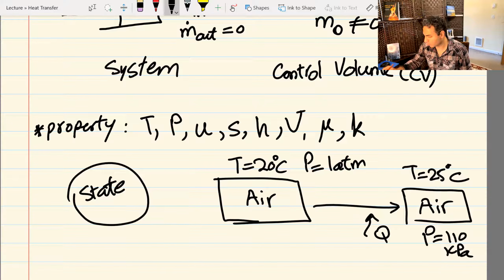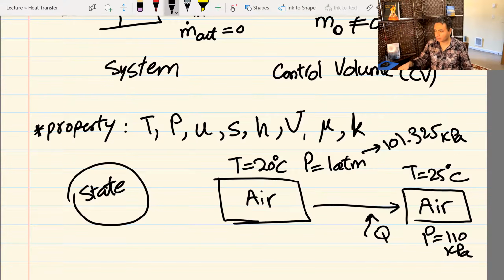So 1 atmosphere was already like 101.325 kPa, right? That was the beginning. So at the beginning, it was 101.325 kPa, but at the end, it is basically like 110 kPa. Does that make sense? So we went from one state to another state because we had one combination of properties at the beginning.